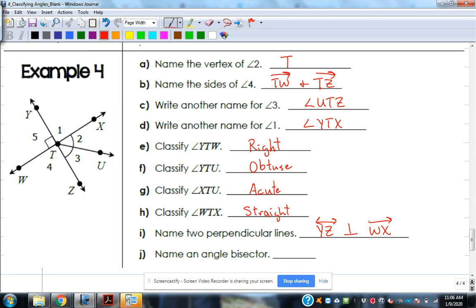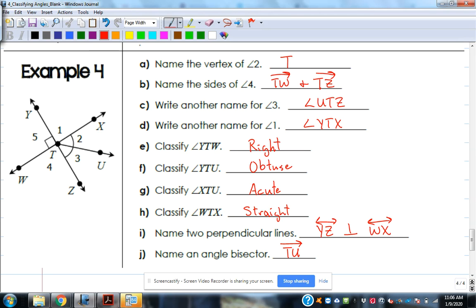I just wanted to use the same letters you said, and I'm just writing the perpendicular statement for the lines. I think you can just list it with commas there, since it didn't say write. Name an angle bisector. Ray TU is an angle bisector there.